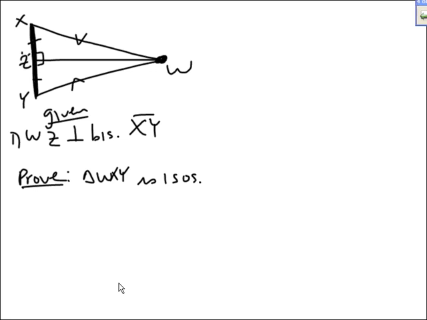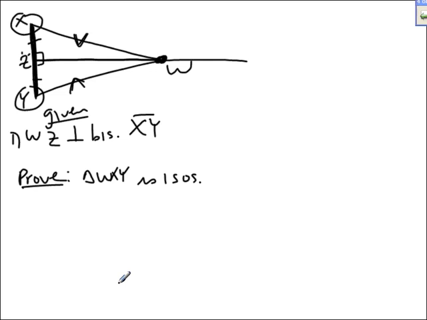I mean, WZ could have actually been extended in theory. Okay, if W is any point on the perpendicular bisector, then W is equidistant from those two points. That is, these two line segments are equal, and we're done.